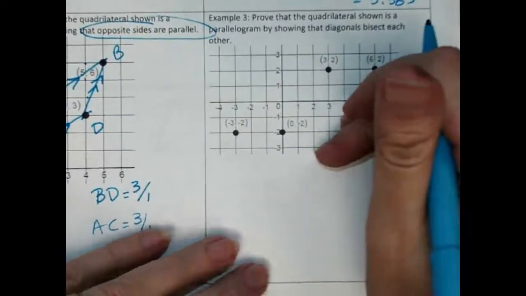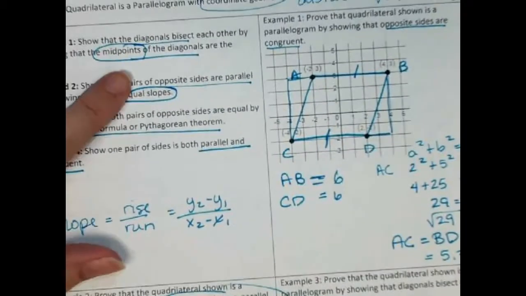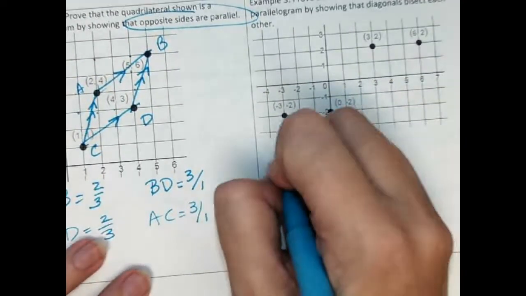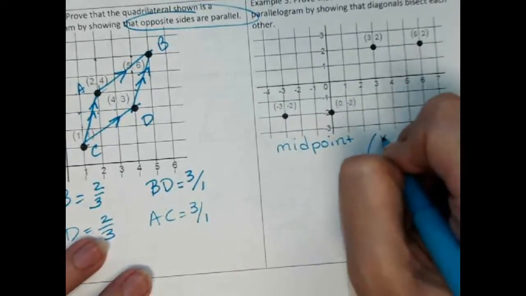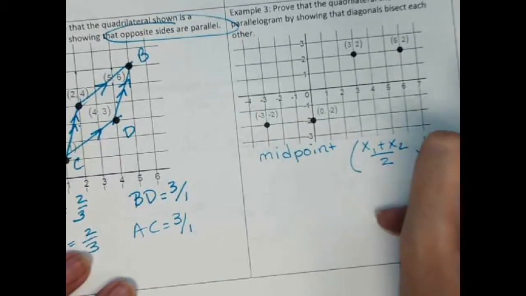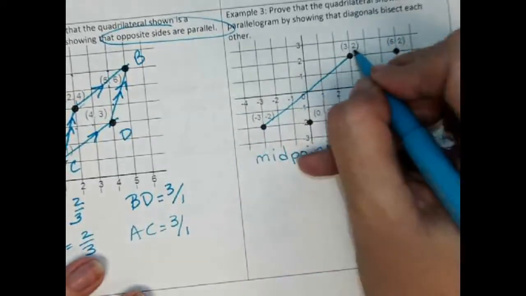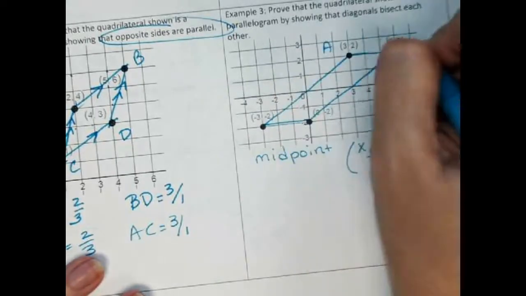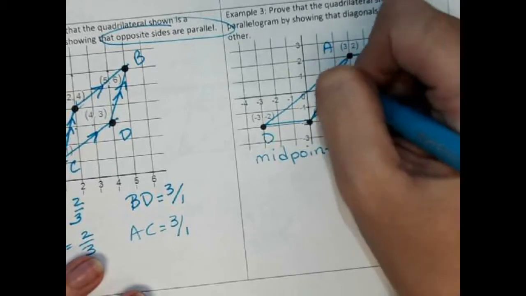And finally, I'm going to do one where we show that the diagonals bisect each other, and remember over here it says to show that using the midpoint. Remember that to find the midpoint, it's just x1 plus x2 over 2 and y1 plus y2 over 2. So I'm going to show that those are in the same location. A, B, C, D. So AC is right here.